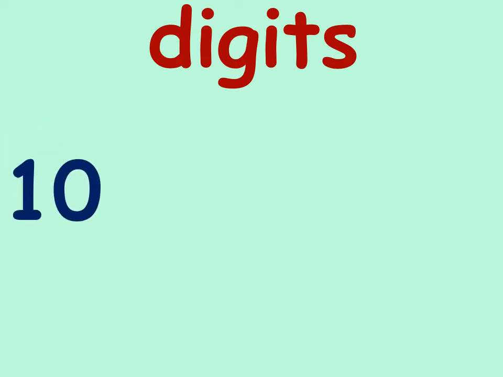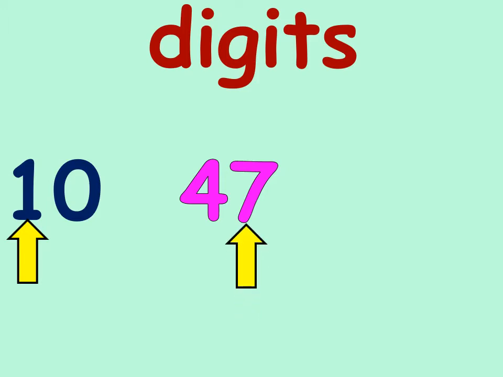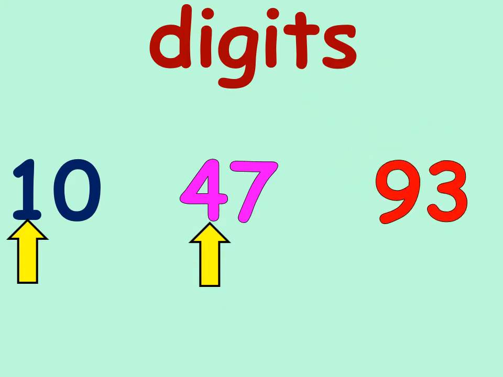Remember, we have a number like 10, and that has 2 digits. 0 and 1 are digits here. 10 is the number, and it's made of 2 digits, 1 and 0. 47, that's a number, and it's made of 2 digits. 93 is a number, and it has 2 digits.